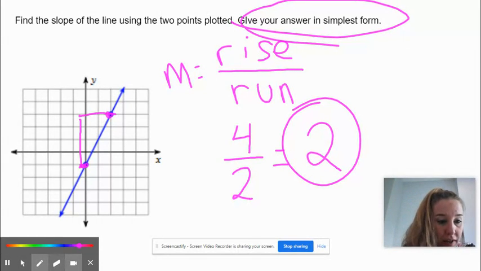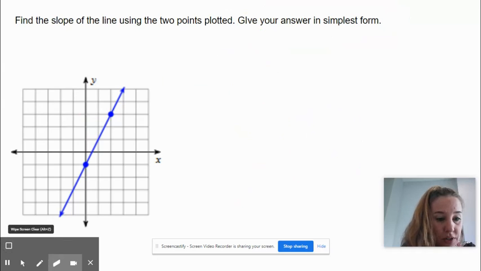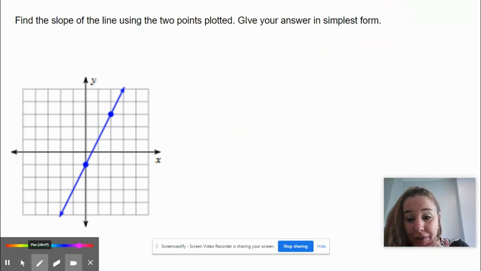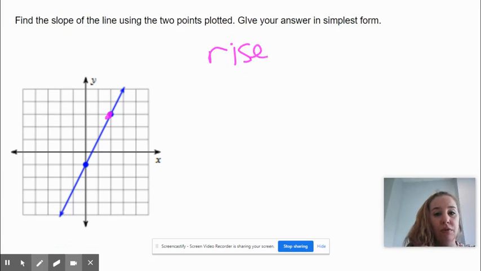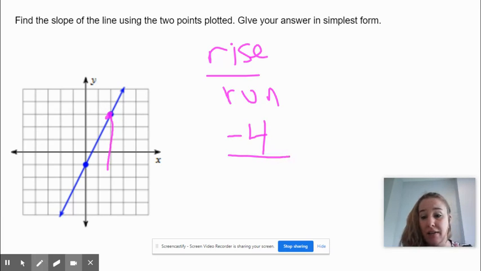But what I see a lot is students saying, I don't know which dot to start from. It truly does not matter. Let's say I started with this dot here, and then I say, okay, rise over run. Well, I'm going down 4, which would be a -4 rise.